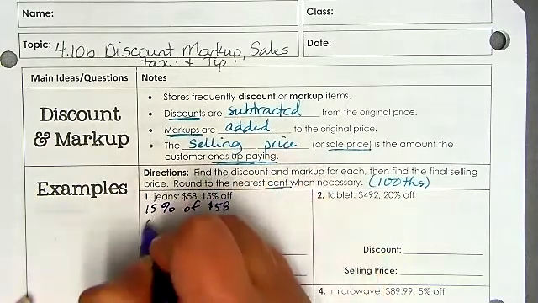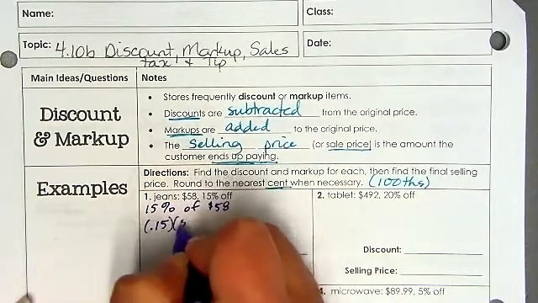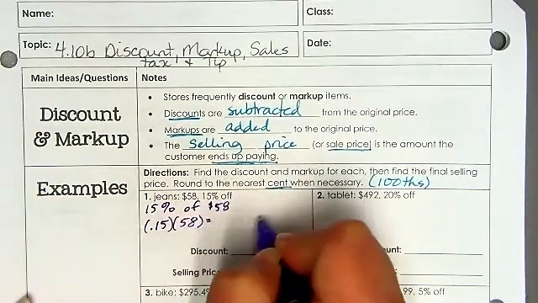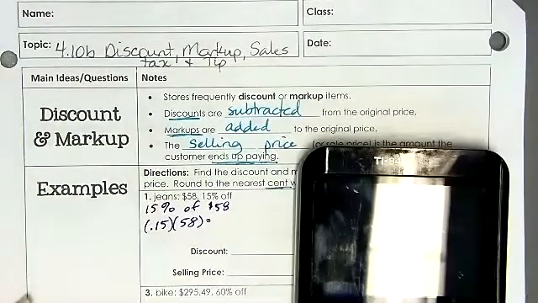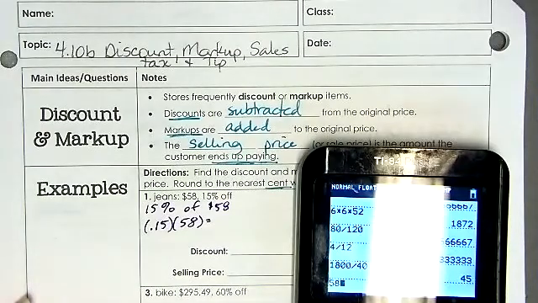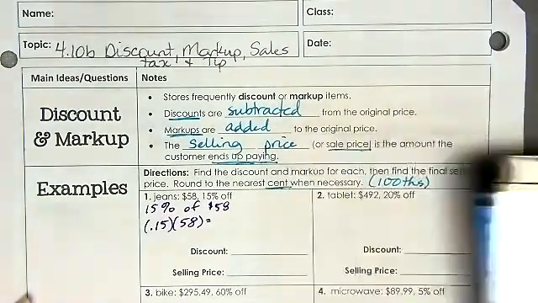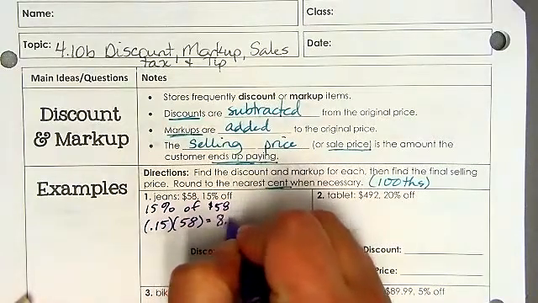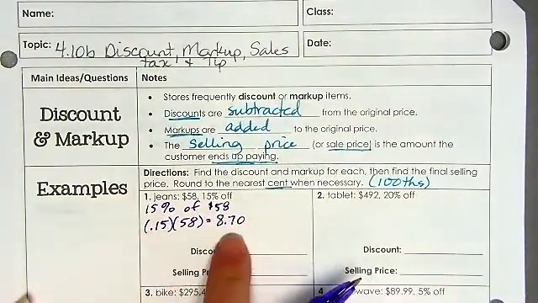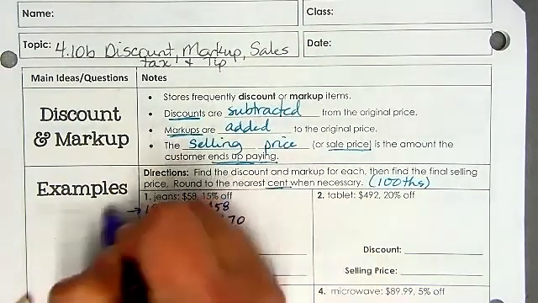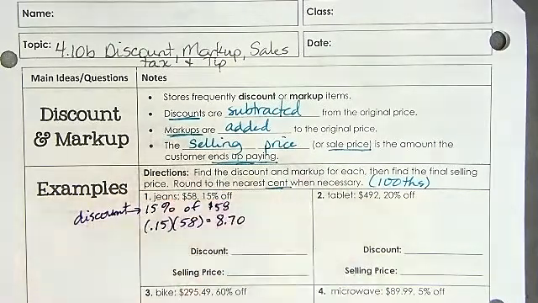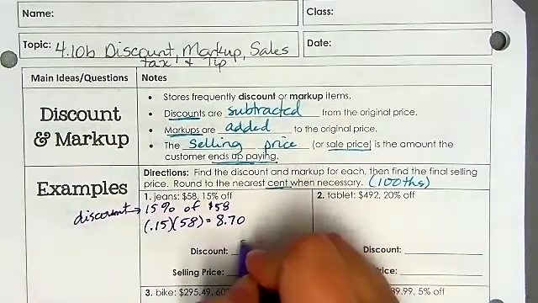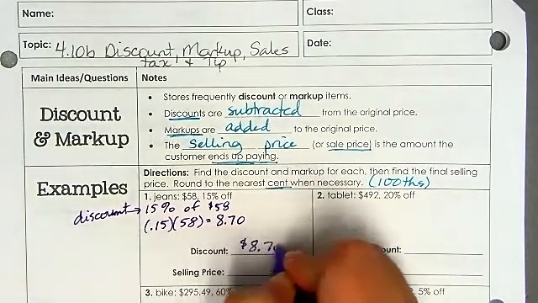Of means multiply, so I'm doing 0.15 times 58, which, if I punch that in the calculator, we get $8.70. This is the discount amount. This right here was calculating the discount. How much am I going to get to save? That's the discount. So we write $8.70 here.